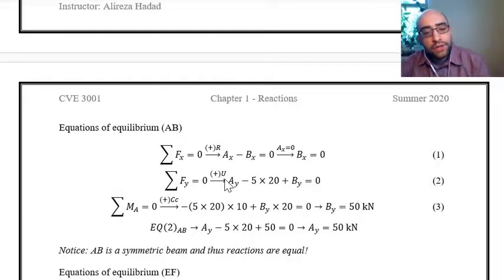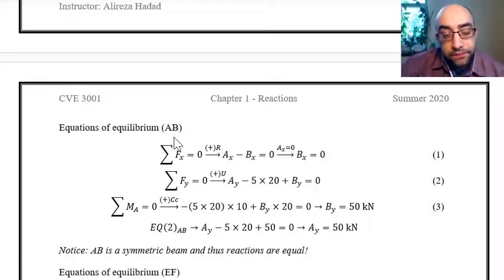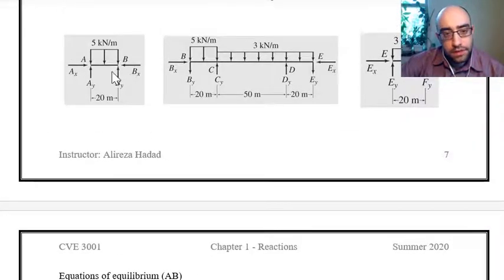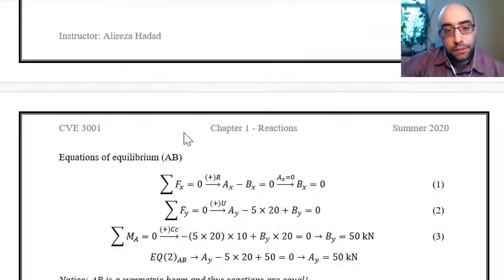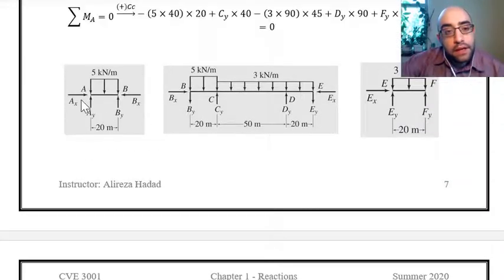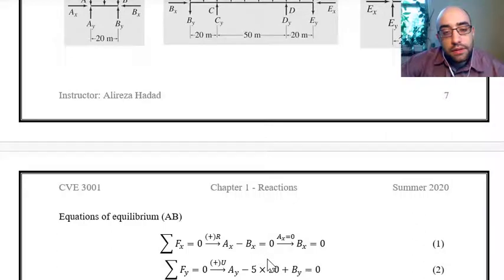So I have the equations of segment AB, and summation of forces in x direction is equal to 0. This is the segment. I have AX, I have BX, right? And positive is to the right. So summation of forces in x direction equal to 0. AX minus BX is equal to 0.